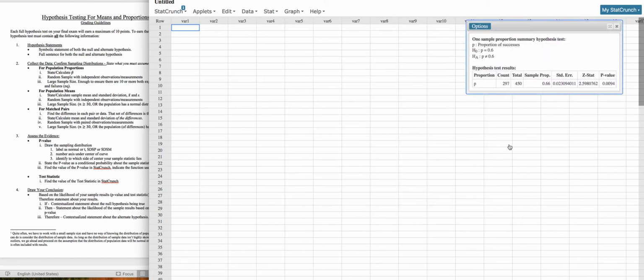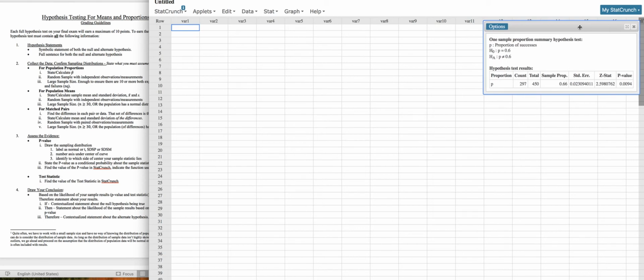And we click compute, and we get the two things that we need. Notice here's that sample proportion of 0.66, which was just 297 divided by 450. What you see up here should match your null and your alternate hypothesis statements on your paper. If it doesn't match, then obviously you picked something wrong.